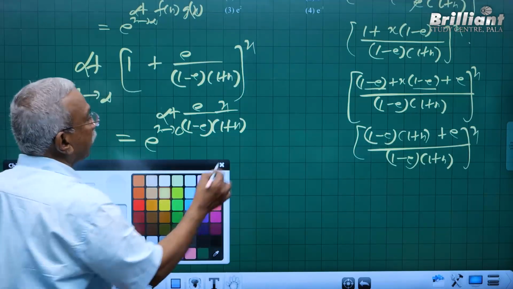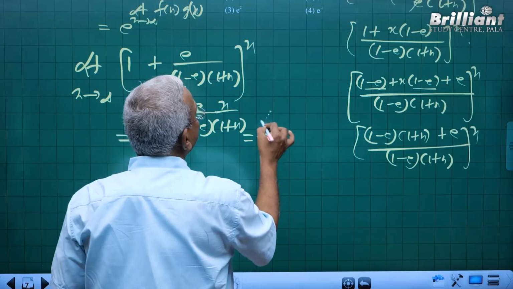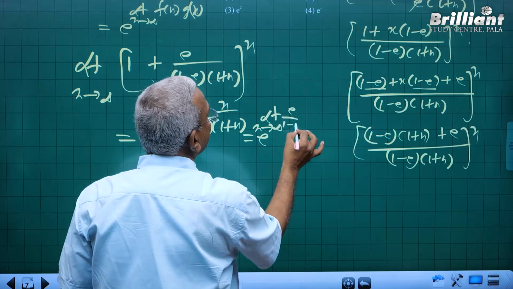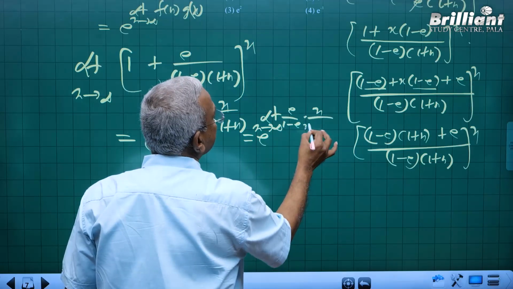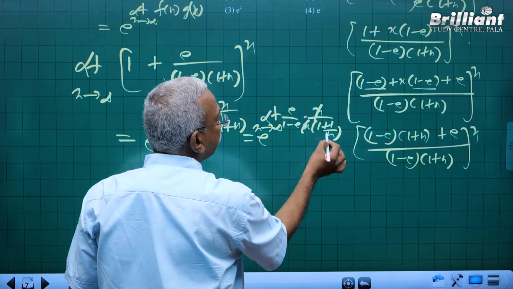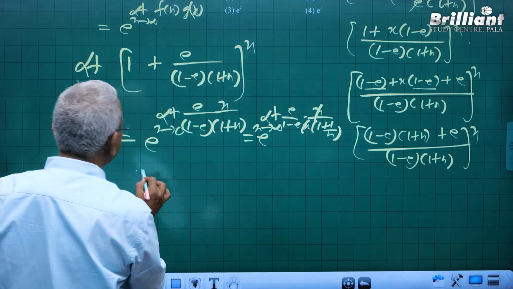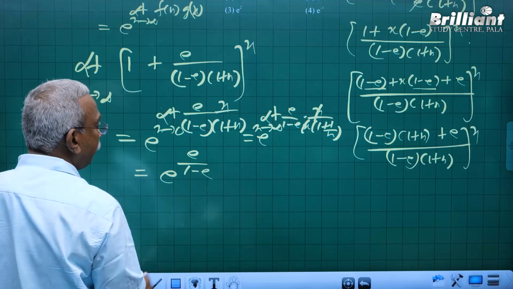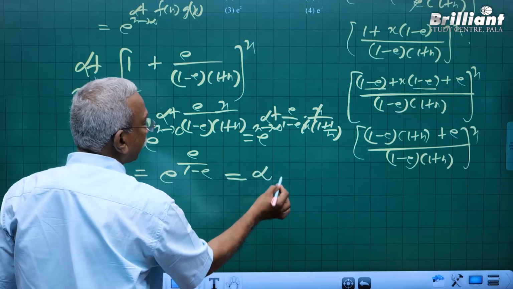So this implies e raised to limit x tending to infinity of e divided by 1 minus e into x divided by x into (1 plus 1 by x). So this gets cancelled, and applying the limit, this is 0, so you get only this one. So it is equal to e raised to e by 1 minus e, which is given as alpha.